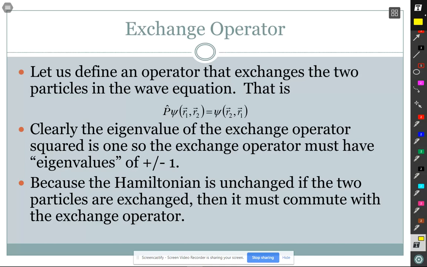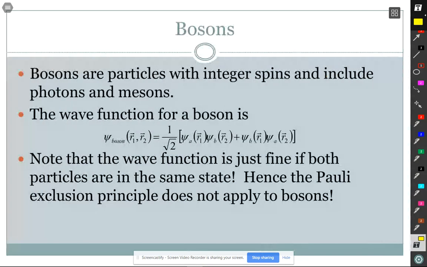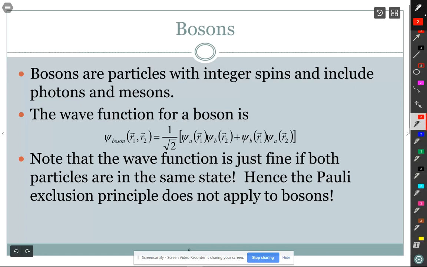And now we can quickly analyze this. Just looking at the boson, if I have the parity operator acting on the boson, then that's going to be switching R1 and R2. How does this change if I switch R1 and R2?